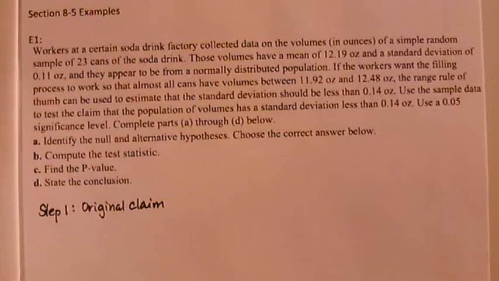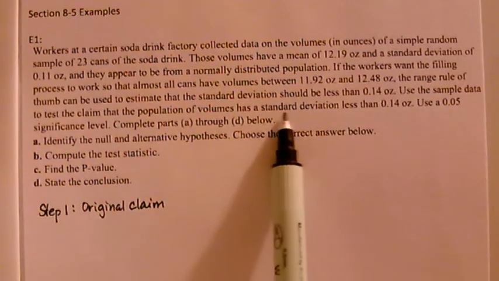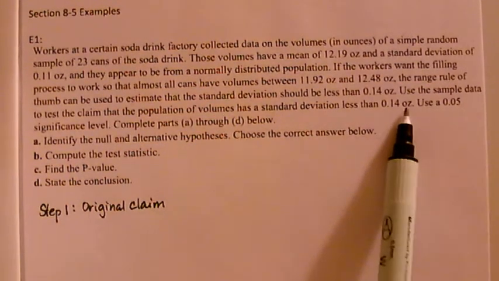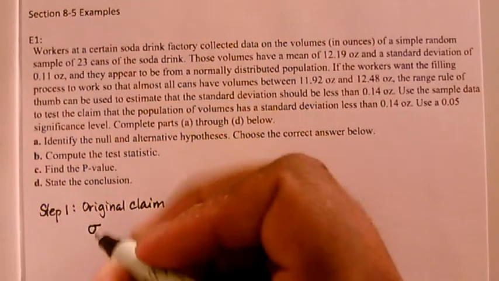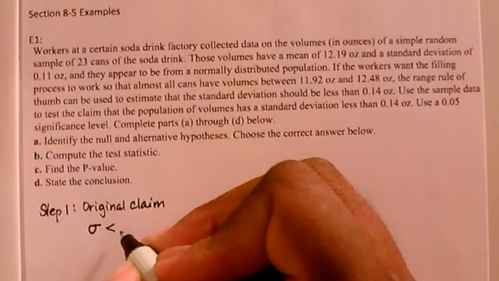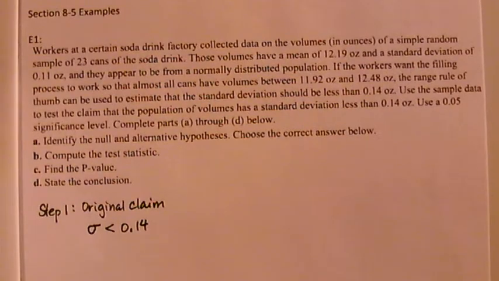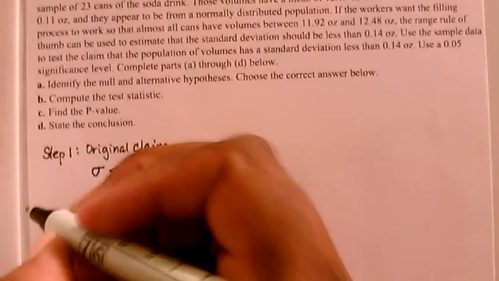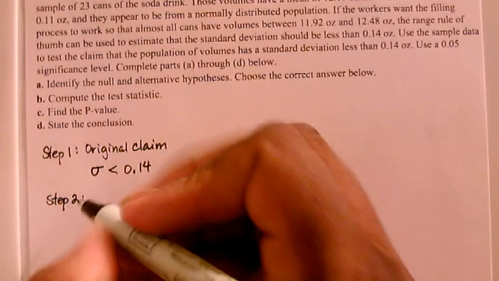You always state the original claim. In this case here, we're testing the claim that the population of volumes has a standard deviation less than 0.14 ounces. So here, standard deviation, which is your sigma, is less than 0.14. And then step number 2, we state the opposite of the original claim.